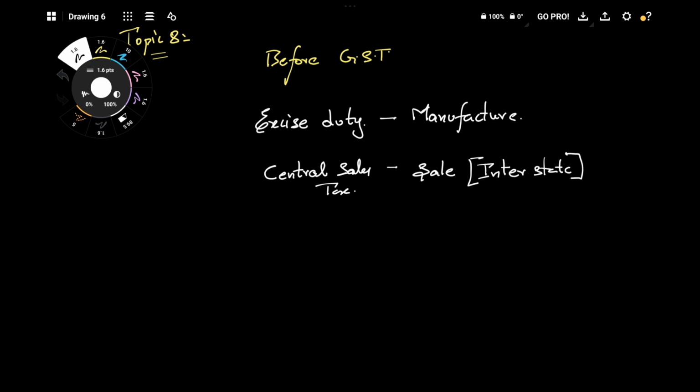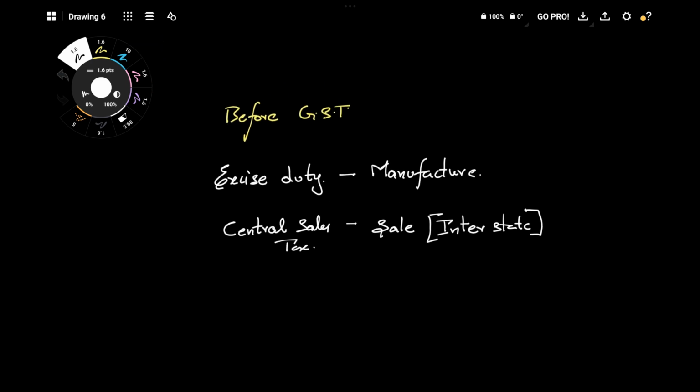It means sale between two different states, like sale between Telangana and Maharashtra. Seller is in Telangana and buyer is in Maharashtra. He is selling some goods to him. On that, CST would be levied earlier.